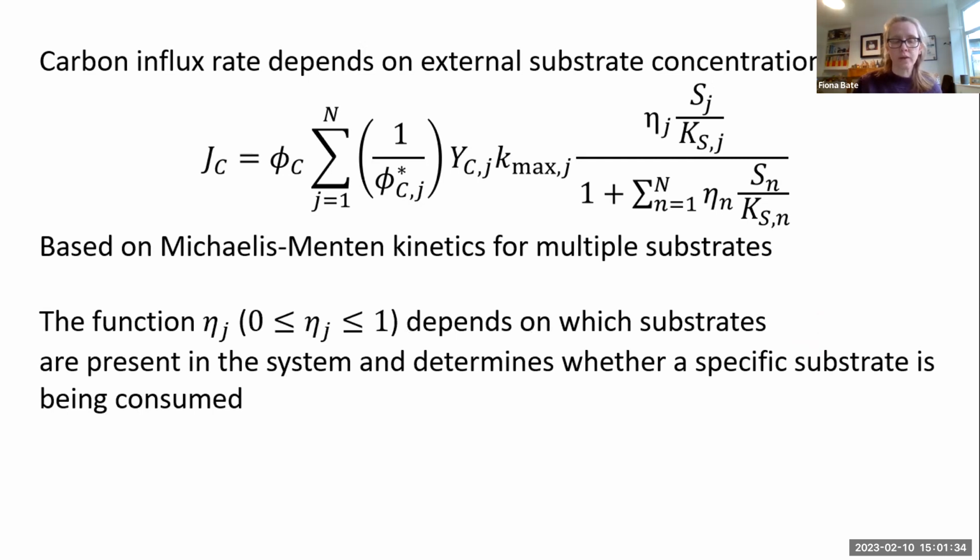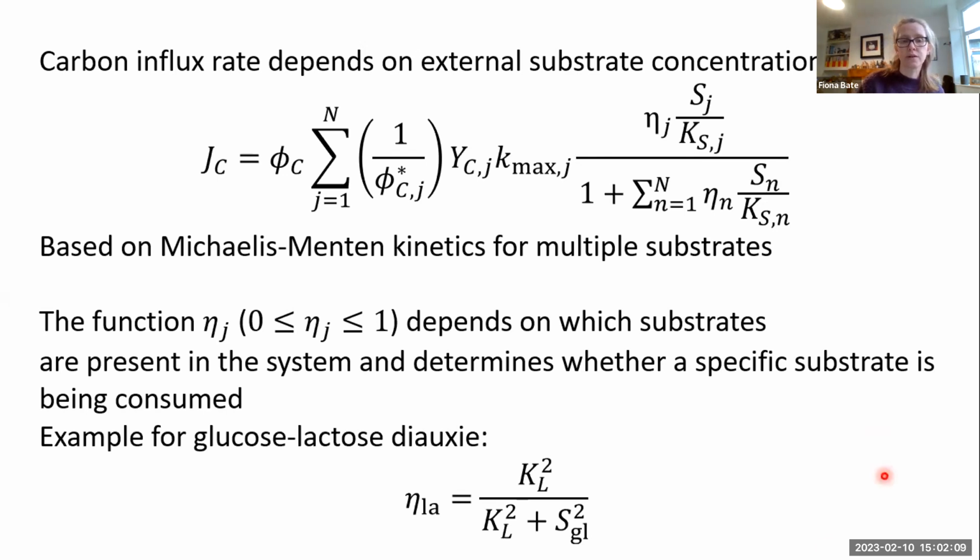If a substrate will be consumed no matter what else is there, then eta j will just be equal to 1. But if the substrate consumption depends on which of the substrates are present, so in the case of glucose-lactose diauxie, then lactose is not going to be consumed when glucose is present. Then we need a form of this function that will be 0 when you've got glucose present, but will be 1 when there is no glucose present.